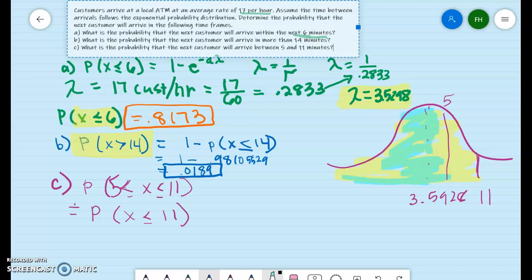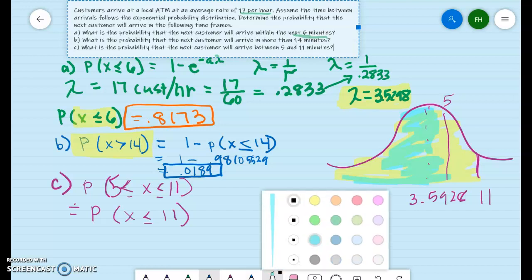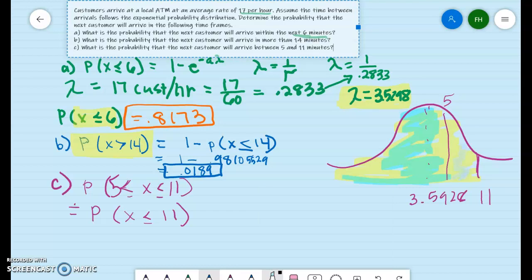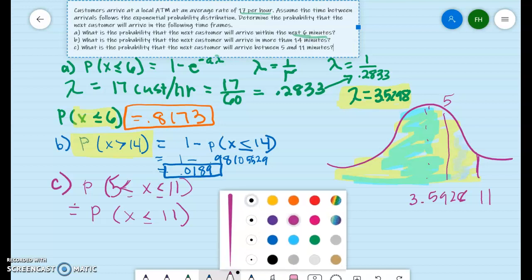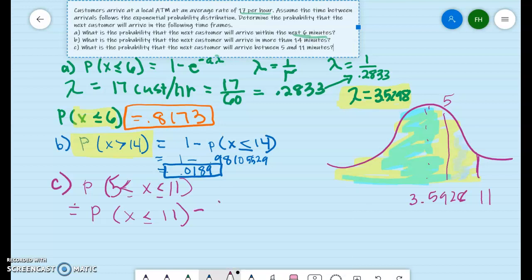So if we take the probability of 11 and subtract out the green part, that will leave us with this little part right here, which is what we want. So anytime you're looking for between, you're going to take the probability of the largest and subtract out the probability of the smallest to get what's in between.